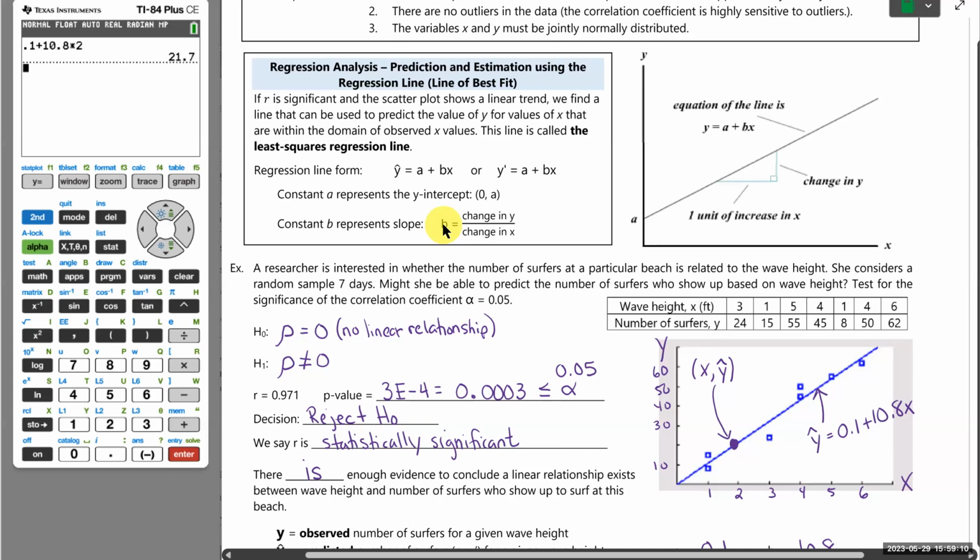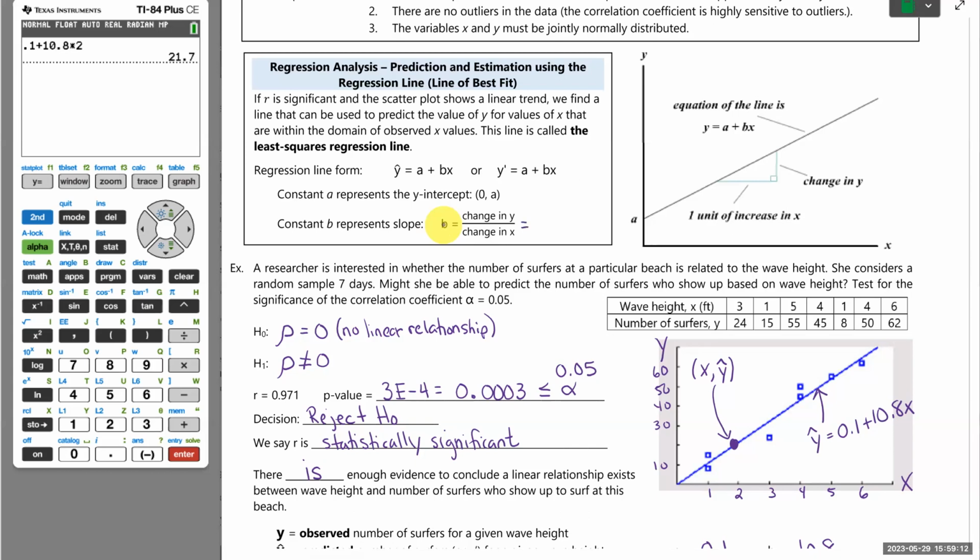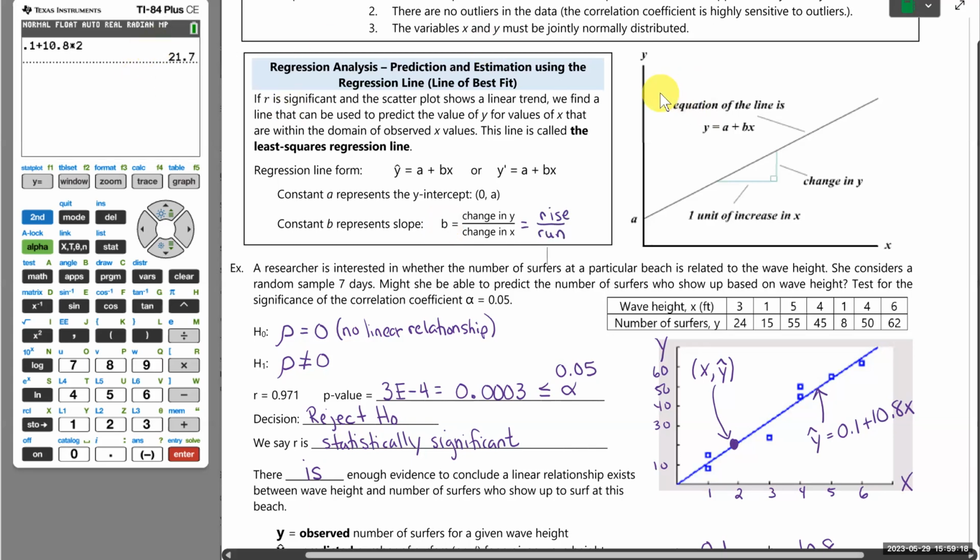You may have heard it also just referred to as rise over run. So on my picture here, when we have the equation of the line, any time x increases by 1 unit, the change in y will be our slope.